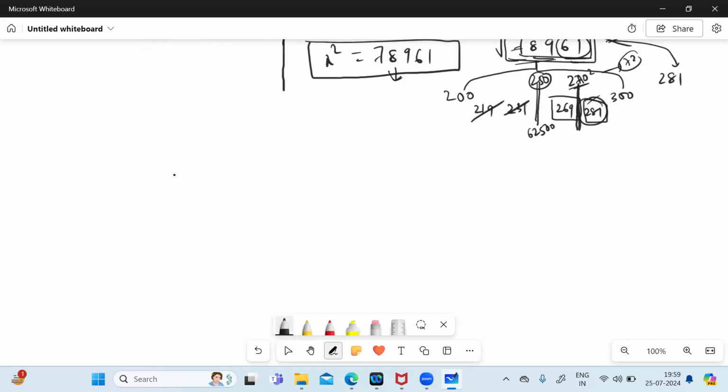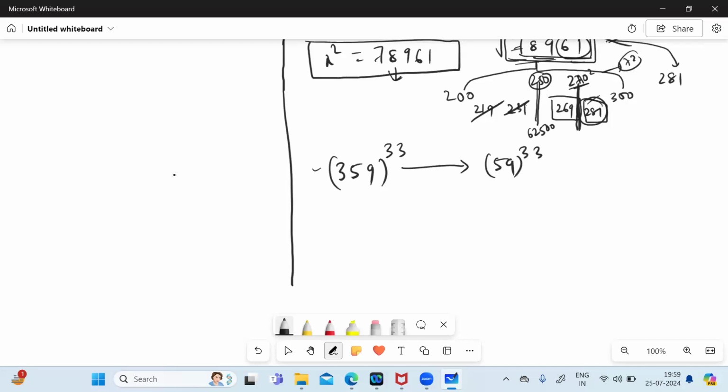Like if you want to calculate the last two digits of 359 to the 33rd power, it will be the same as the last two digits of this. So the first thing you have to realize is that this actually doesn't matter. Okay. Now how you can achieve this particular power by using squares only.